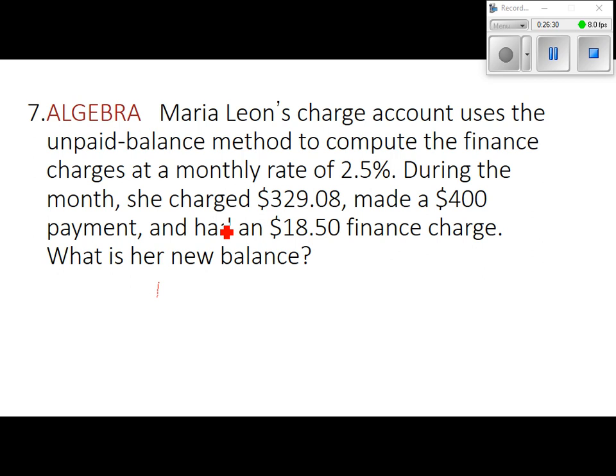Now my wife does every now and then. Just a couple of days ago, she asked me, hey, what's this charge? Did we make that charge? It had some funny name on it. We charged something at like Walmart or somewhere, but it had some crazy name on it. I said, oh yeah, that was that thing we bought from Walmart, but it had some other company's name on it for whatever reason.